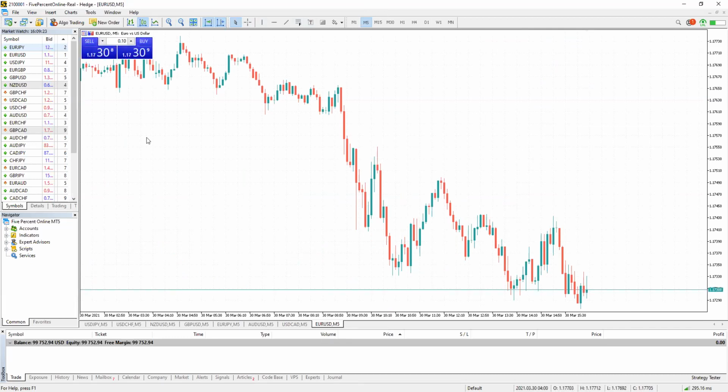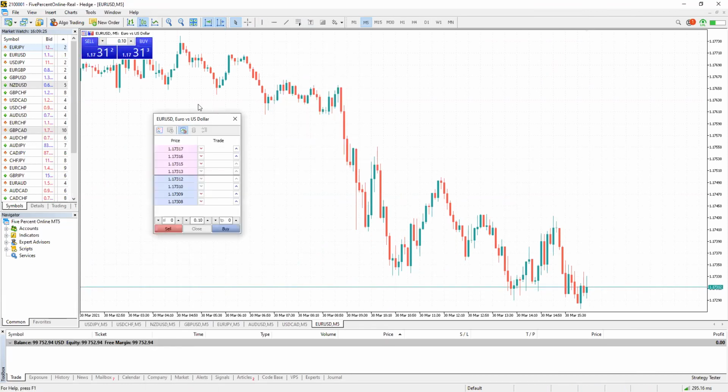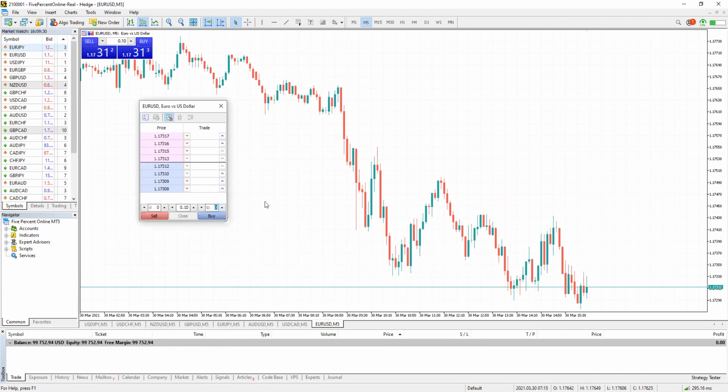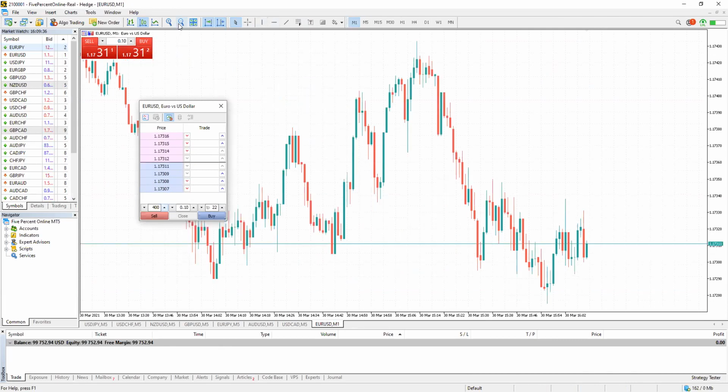Let me just bring my depth of market here. To the 1-minute chart.